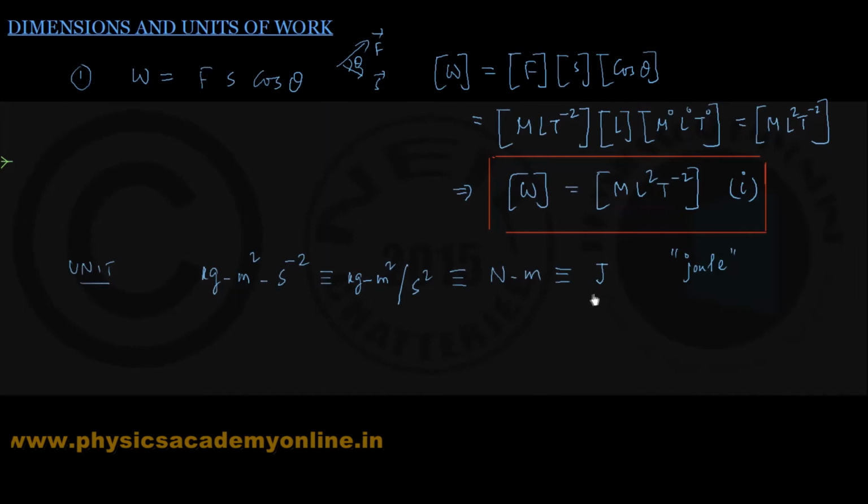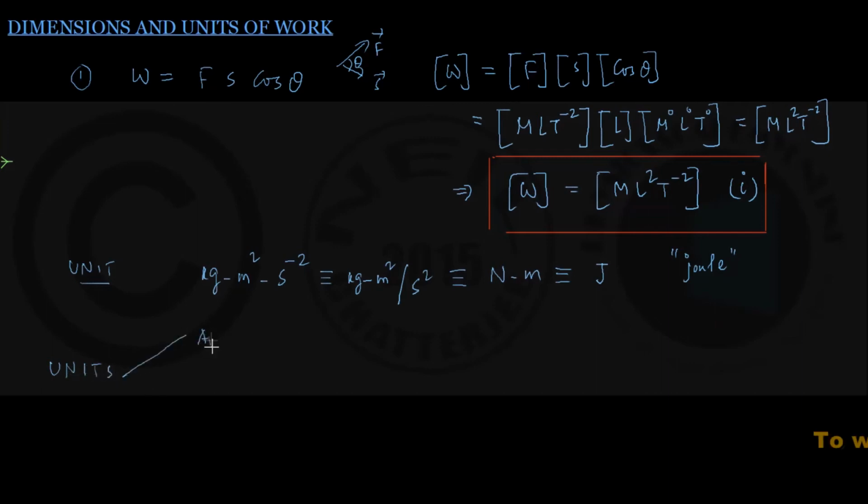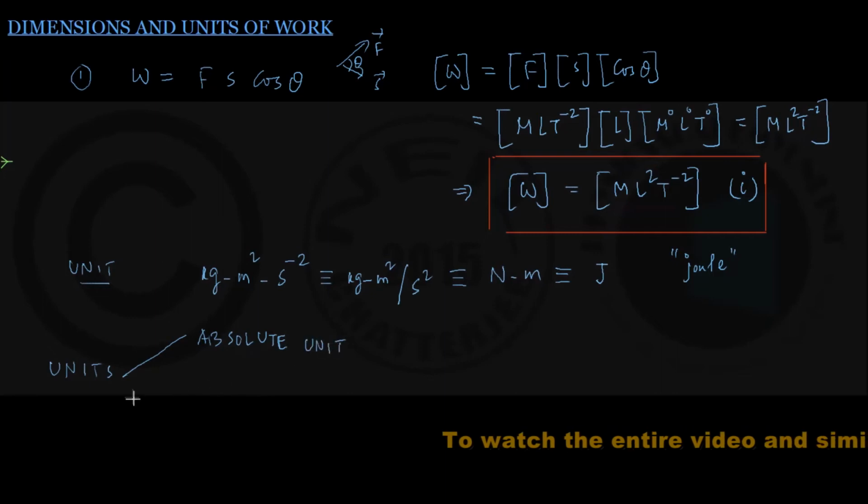But let's go more systematically and define the different types of units of work now. The units of work are actually of two types. One type is called the absolute unit, and the other type is called the gravitational unit.